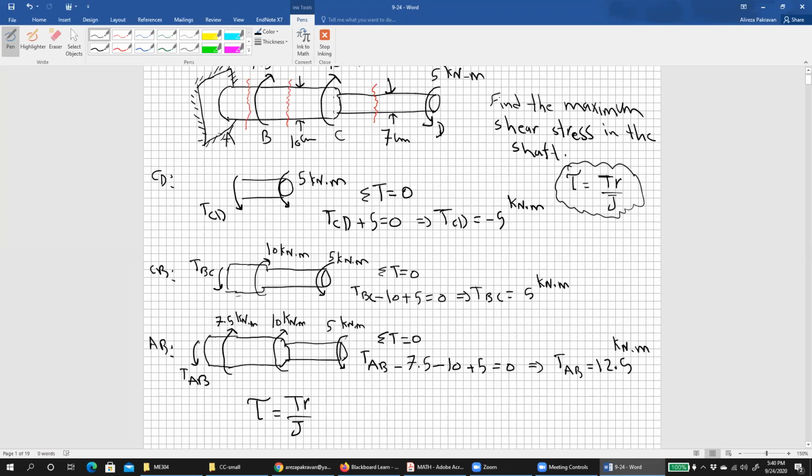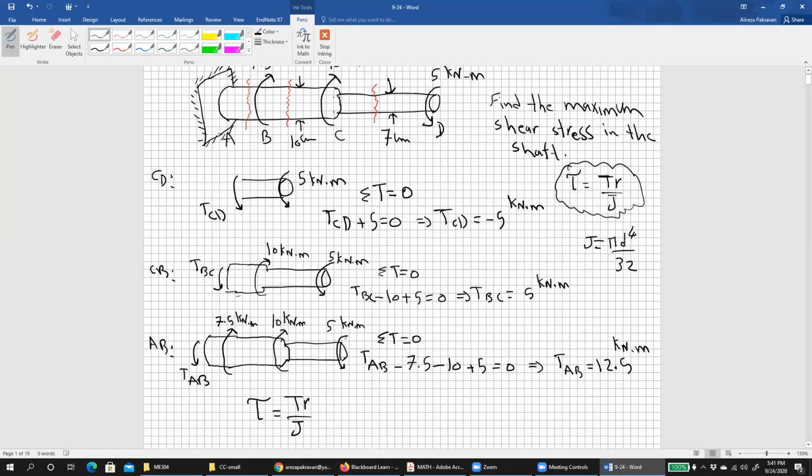Also in segment AB and BC, look here. AB and BC have the same radius R. And if you find the polar moment of inertia, J would also be the same, right? Because what is J? The formula for J is pi d to the 4 over 32, right?